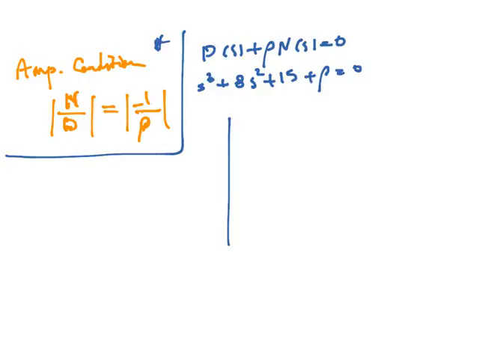If we construct the Routh table for this equation, here we have s^3, s^2, s^1, and s^0. We just put in the values that we have: 1, 15, 8, rho.